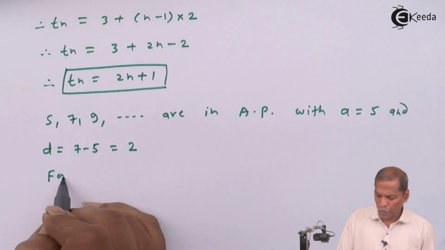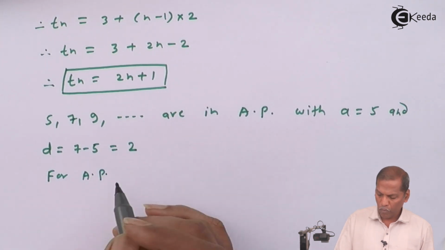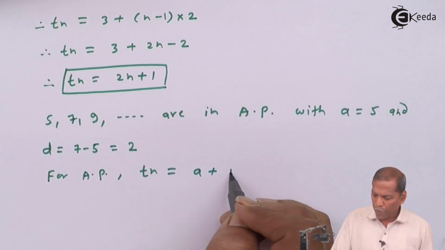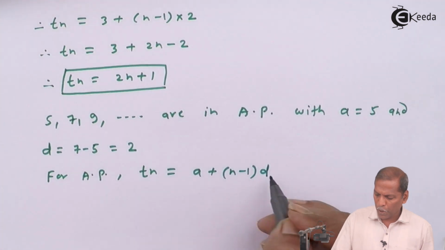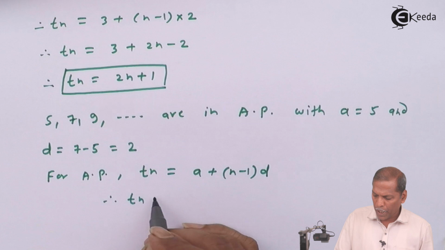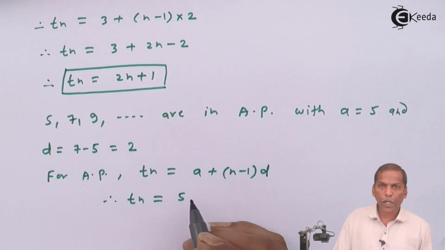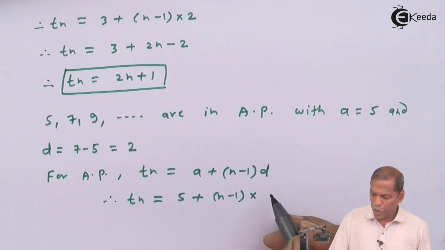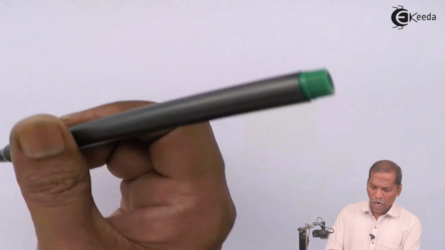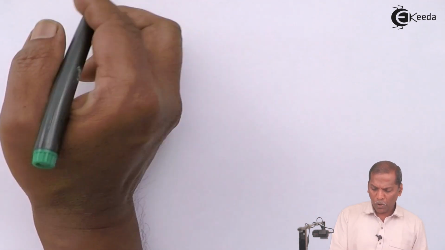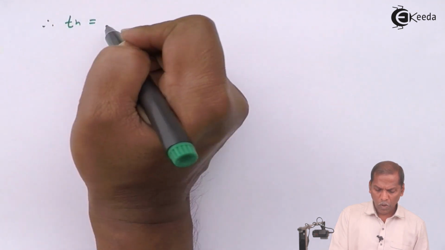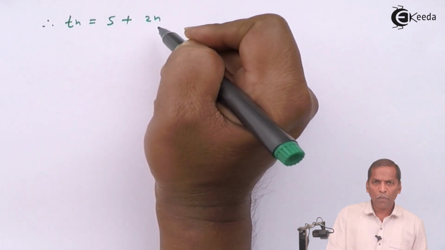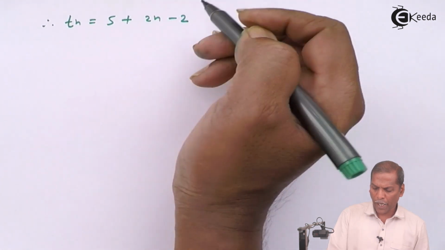Then again for an AP the nth term is given by Tn is equal to A plus n minus 1 into D. For A we substitute 5 plus n minus 1 into 2, so Tn is equal to 5 plus n into 2 gives 2n, and then minus 1 into 2 gives minus 2.